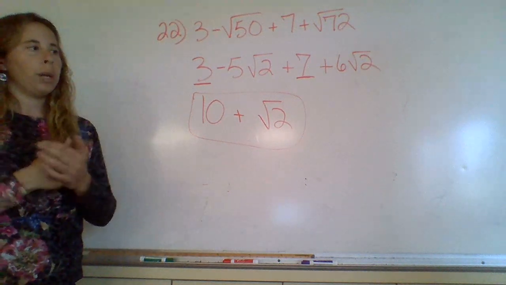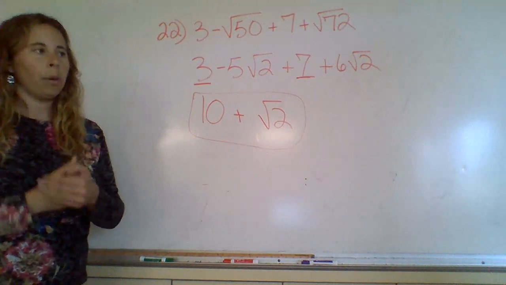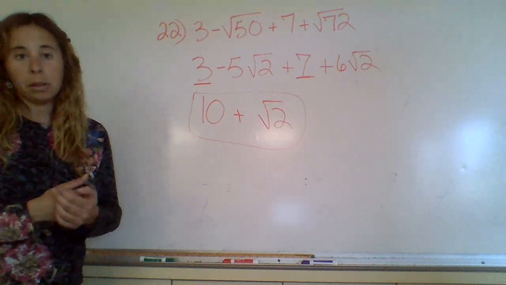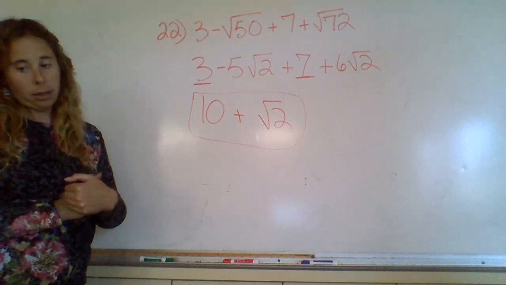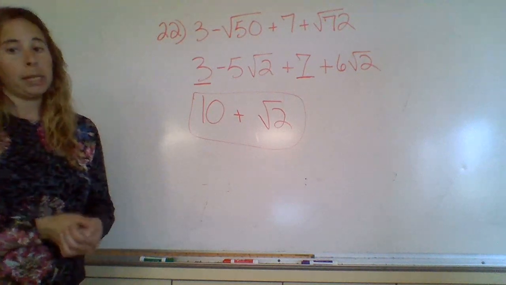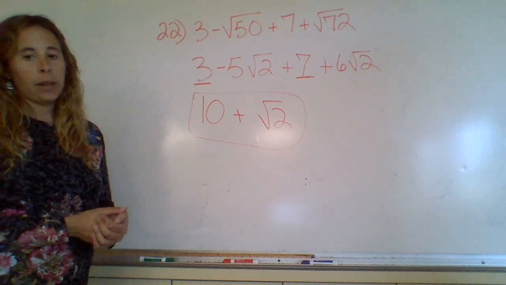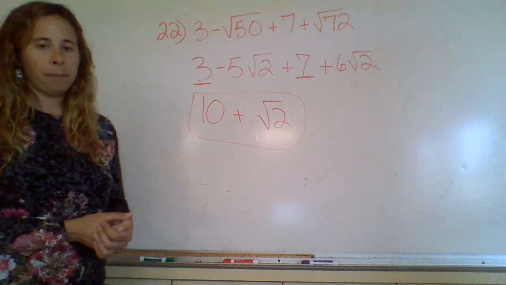So 3.8, I posted a colorful chart on Canvas that hopefully you all wrote down in your notes. Look at 3.8 notes. Make sure you understand those. If you do not, ask me questions, email me, text me, ask me in class, something. You need to be able to classify your numbers. Okay, I think that's all I have for you.